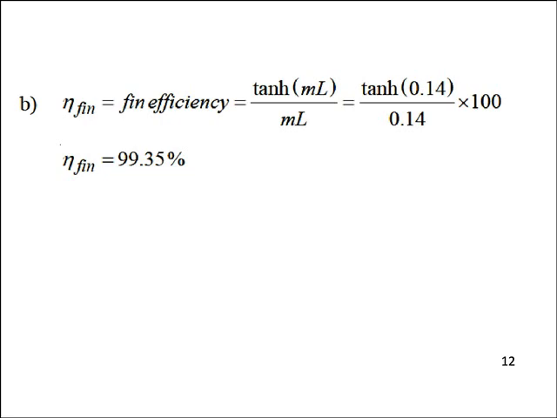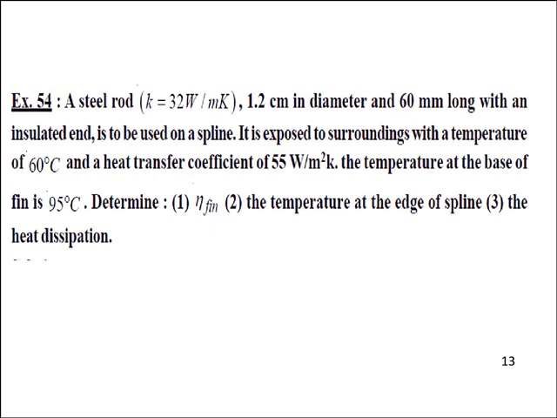Now friend, refer the data for the second problem, that is a steel rod with thermal conductivity 32 watt per meter Kelvin, 1.2 centimeter diameter and 60 millimeter long with an insulated end is to be used as a spine.